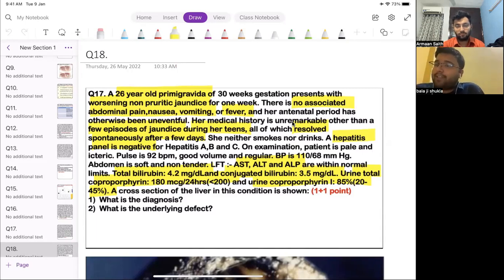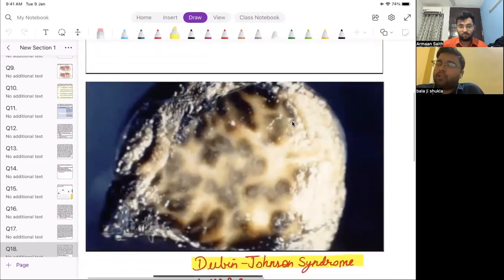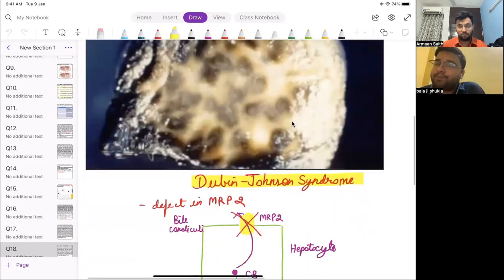On further investigation, the urinary total coproporphyrins were found to be within normal limits and urinary coproporphyrin 1 was elevated. So this is a classical case of Dubin-Johnson syndrome, and as we all know, the classical picture of black liver.